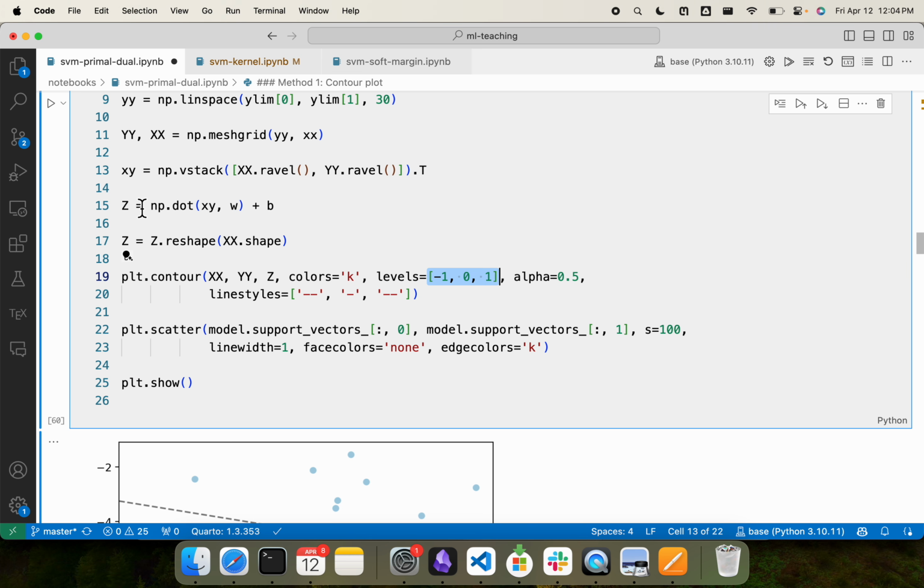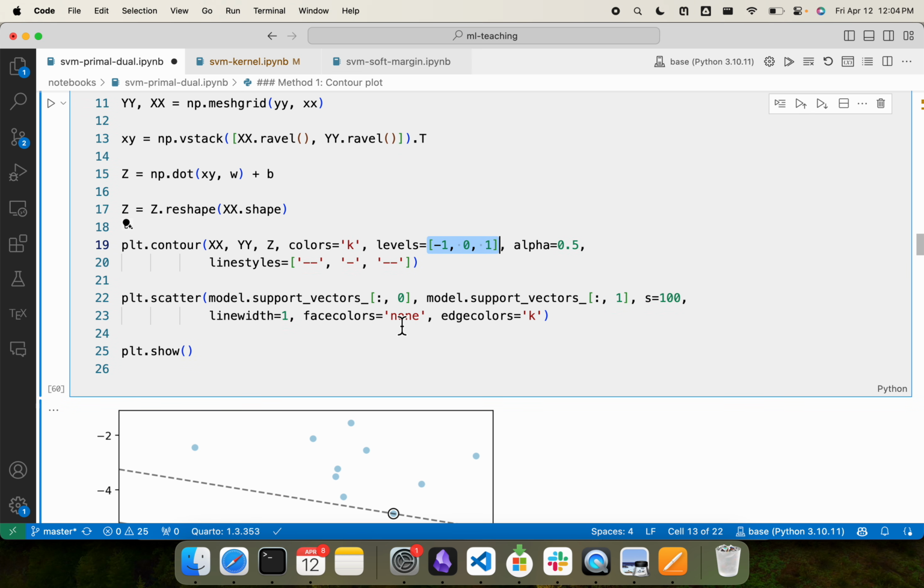And then you can finally calculate for any new point. The prediction is w dot x plus b. Right? So the first method is, once you have the w vector, you do w dot x plus b, and you calculate the z matrix, and then you just do a contour over that.